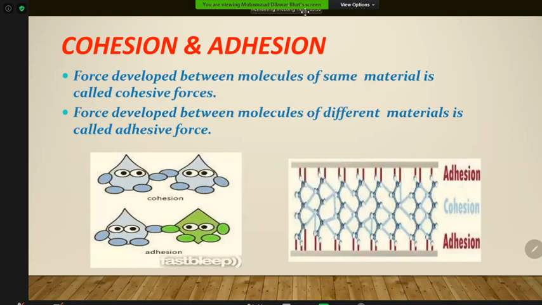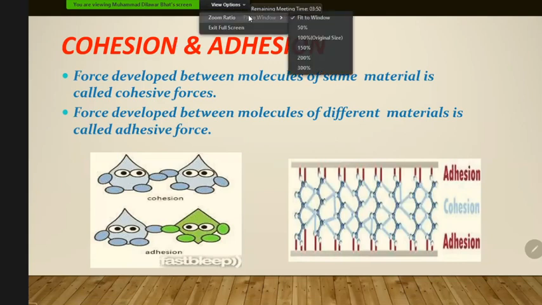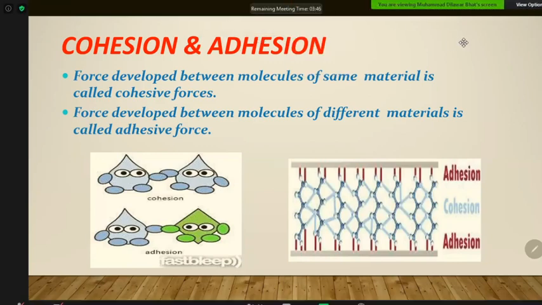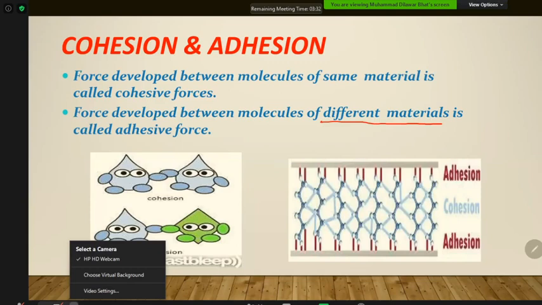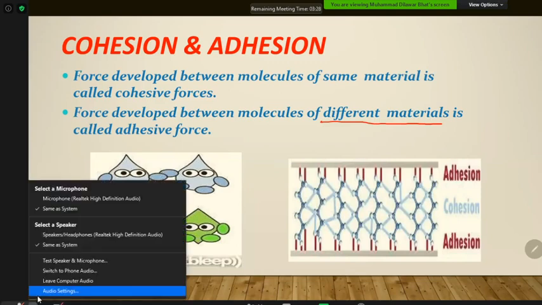Whereas adhesion, from the term itself, is simply the force that is developed between the molecules of different materials. For example, if we have two different materials and we want to join them in such a way that they won't get separated, what do we do?